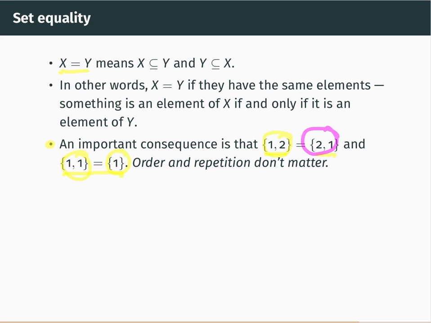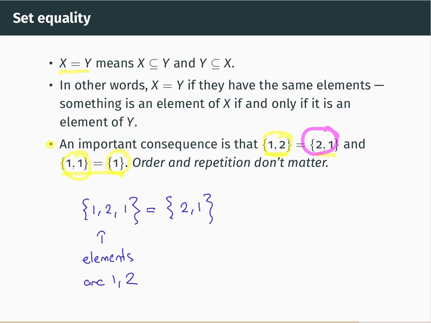They are equal. To show you some further examples, {1, 2, 1} will be equal as a set to the set {2, 1}. The only things in here are 1 and 2.